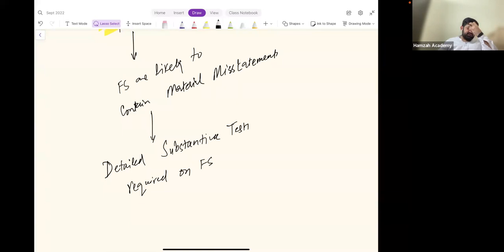Detailed substantive tests required on financial statements.